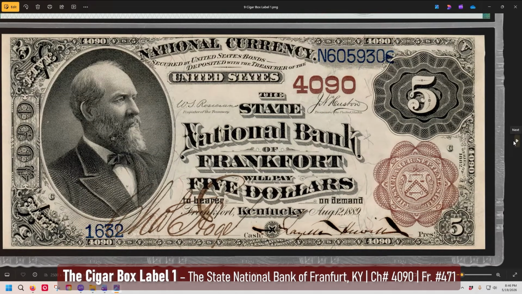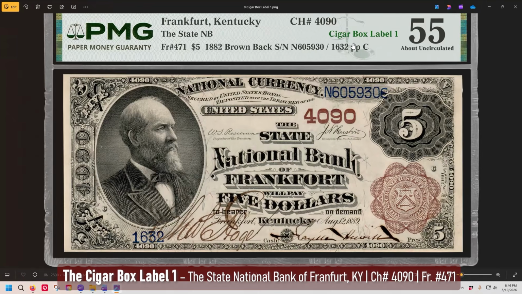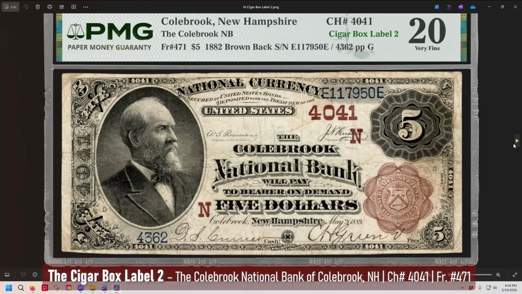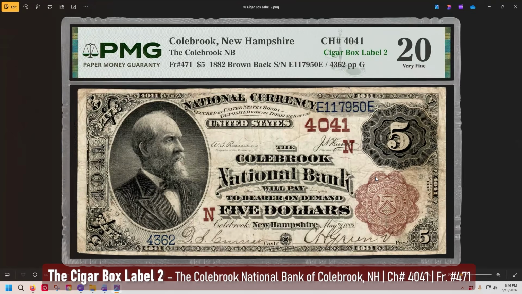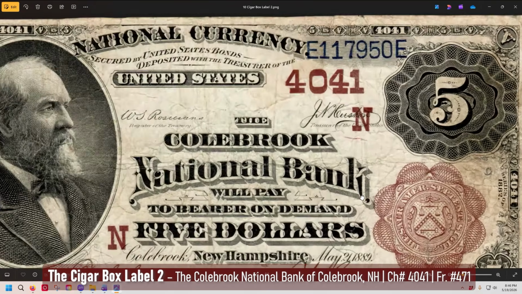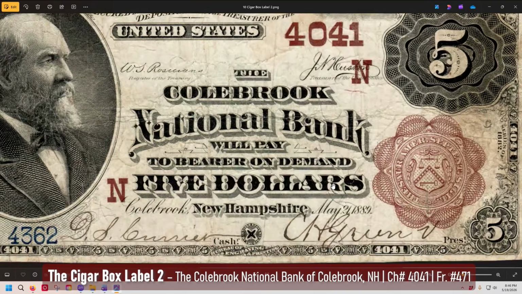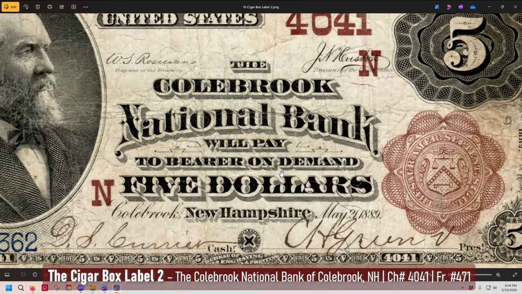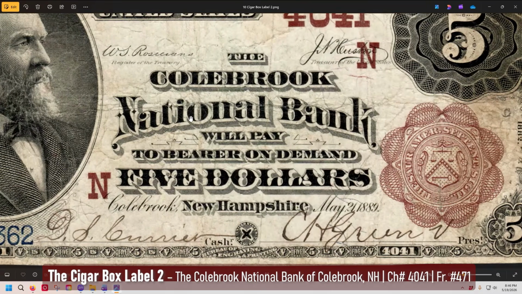All right, so then we go from cigar box label number one, because Ken's got it right there for us, and we jump to cigar box label number two, correct? Yes. So this one, we're gonna go to the next slide pretty quick on this. But it's the same heavy font. But you see the $5 is no longer curved, and the "will pay to bearer on demand" is on two lines here.